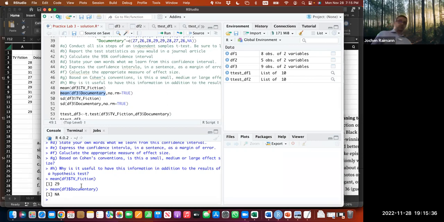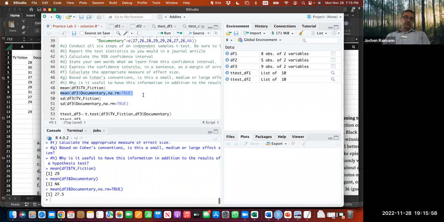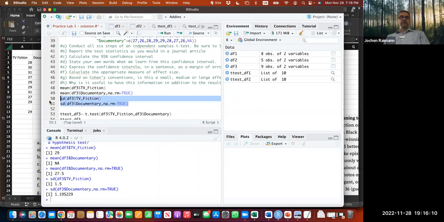That's unfortunately a problem, because as soon as an NA is involved, it will render the statistic for the entire sample as NA. So you need to give an additional option to your mean estimate, which is na.rm equals TRUE, which basically removes that NA from the analysis. So mean DF3 documentary with na.rm equals TRUE will do the right thing and will result in the same estimate as in Excel. The same is true for the standard deviation.